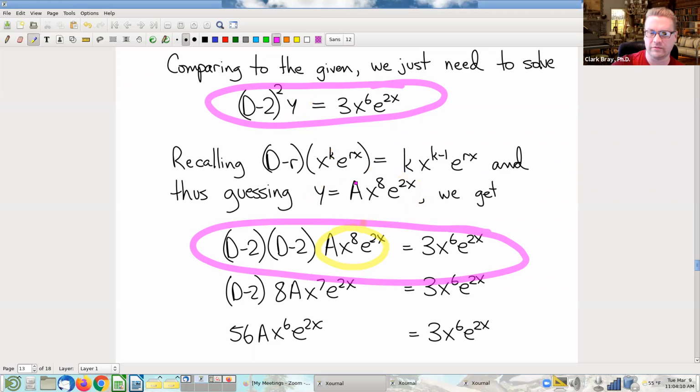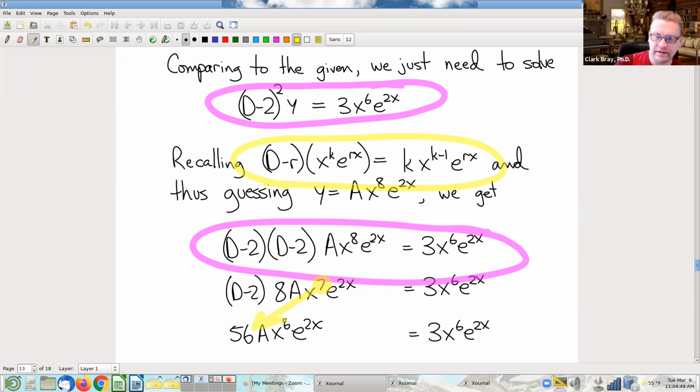And now we just write down our rule a couple of times, right? What d minus r does here: every time, you lose a power of x and you kick out a factor of k, namely whatever that exponent is. So you lose a power of x with each application, and then you kick out a factor of whatever that k is. So this kicks out that factor of 8, and doing it down here kicks out an extra factor of 7, which times the existing 8, of course, gives me 56.